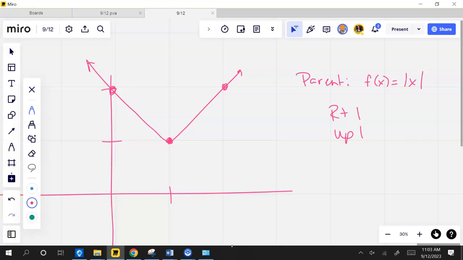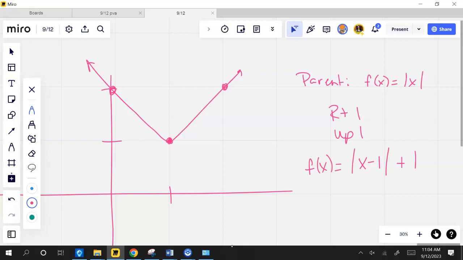We all agree, right? What would your new equation be if you went right 1, up 1 from the parent graph? X minus 1, that's all in absolute value, plus 1. Does that make sense?